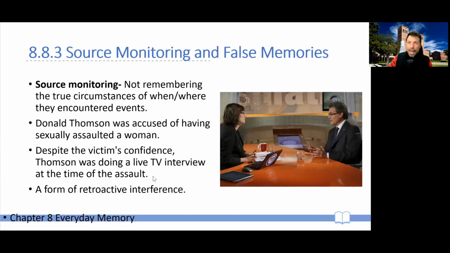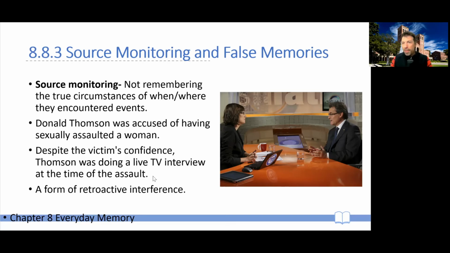Now, the last issue I want to mention is that of source monitoring. The idea of source monitoring is the inability to remember the true circumstance under which you've encountered and encoded a certain event. It's not always easy to remember when and where you've encoded some information.